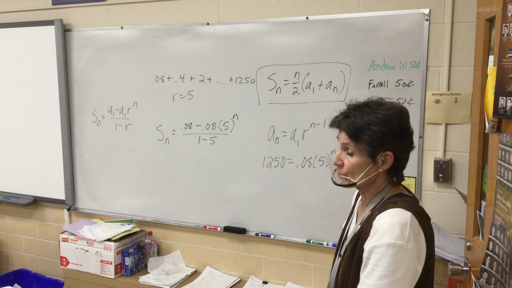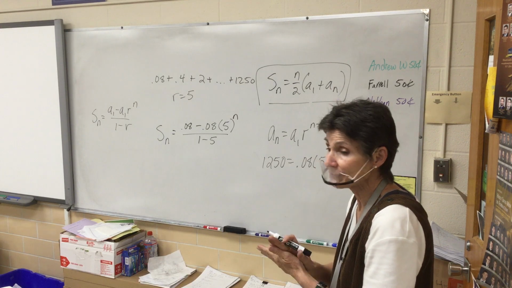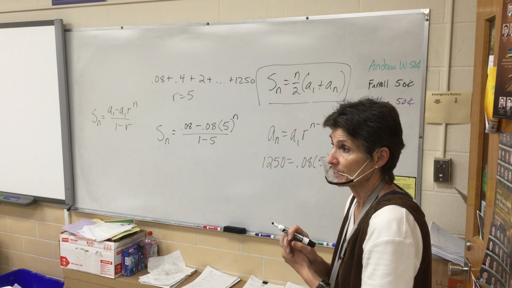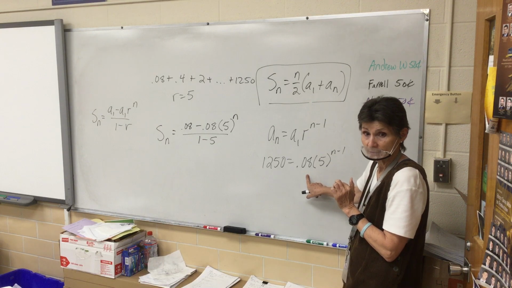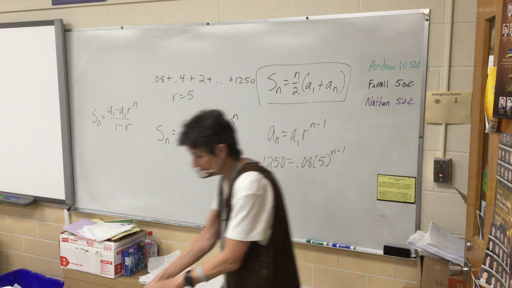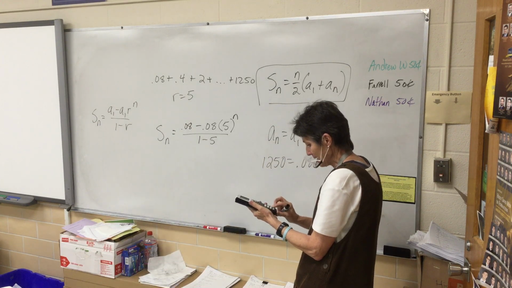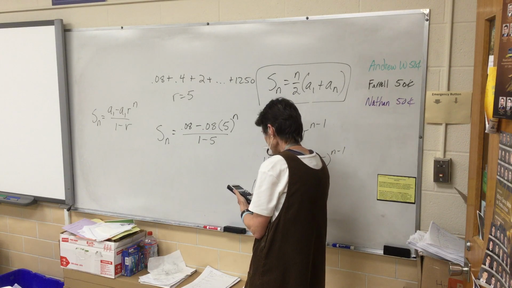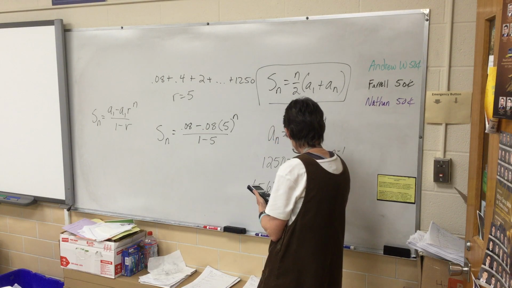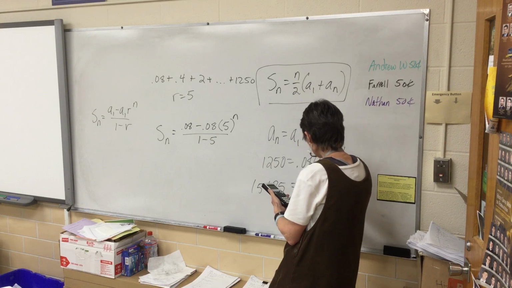What do we do first? You all should know this because we did it back in chapter 3. What do we have to do first? Divide by 0.08. So 1250 divided by 0.08. 15625 equals 5 to the n minus first.